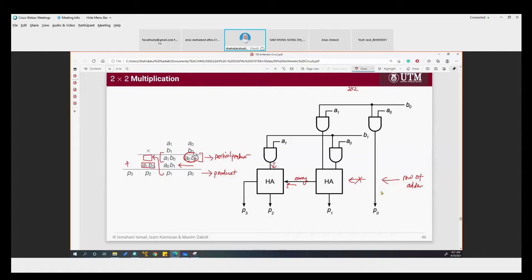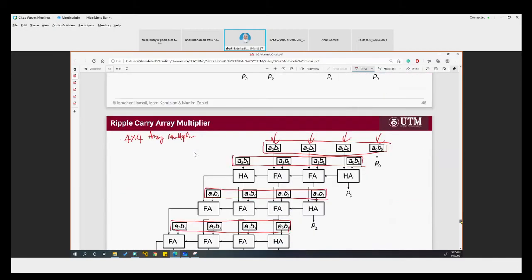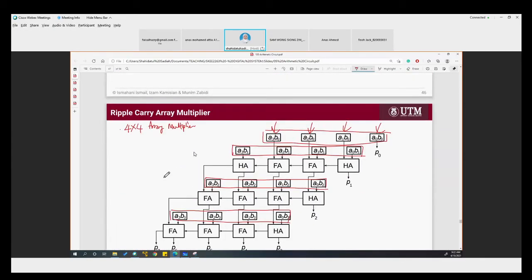Between 2 partial products, we need 1 row of adder to add the 2 partial products. But if we have 4 by 4 array multiplier, so we have 4 partial products, we need 3 rows of adder to add 4 partial products.